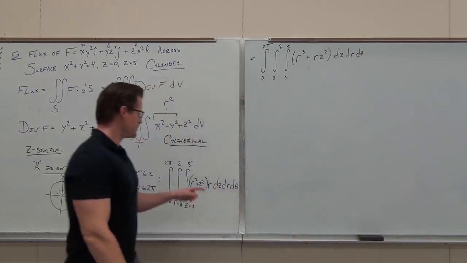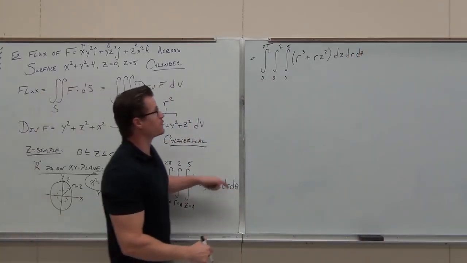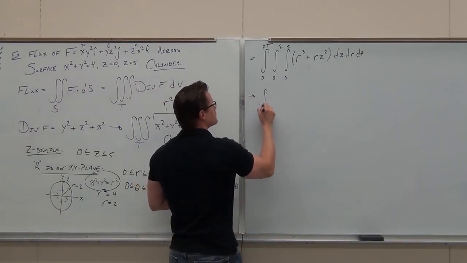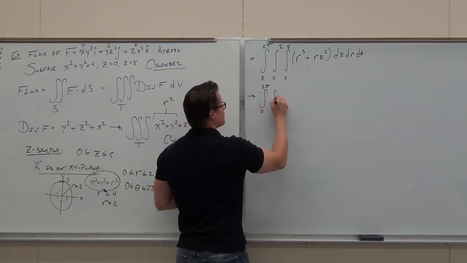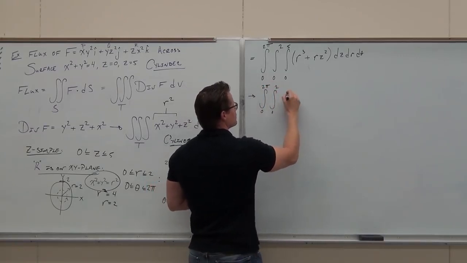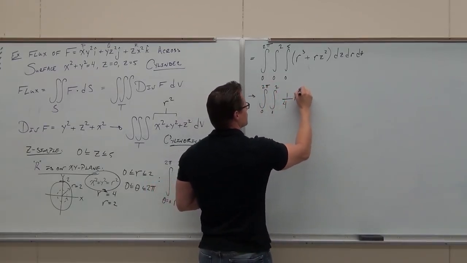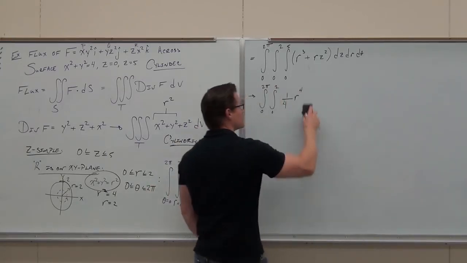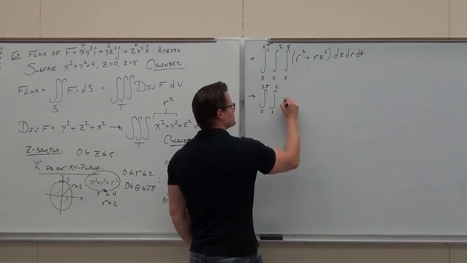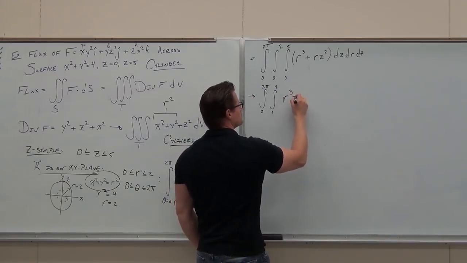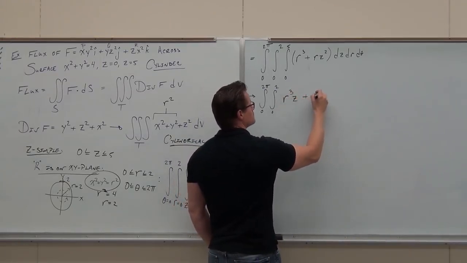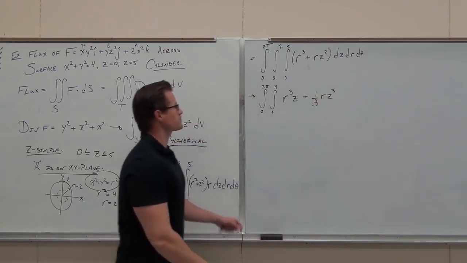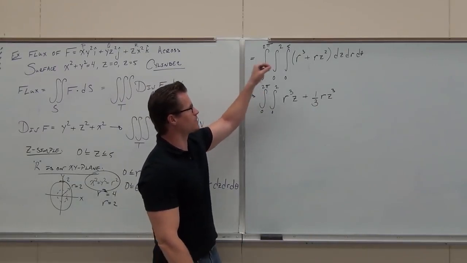So distributed, making sure that that's right, don't want to screw that up. Then dz first. Z, add one, divide by that one.